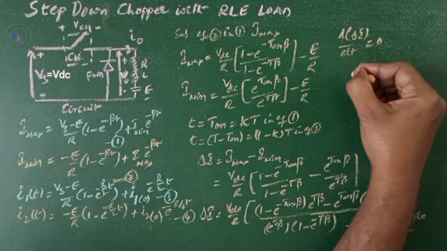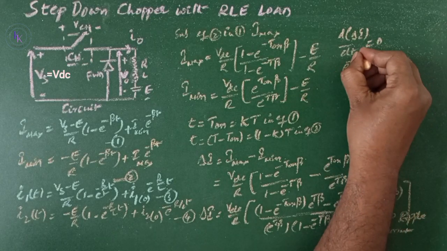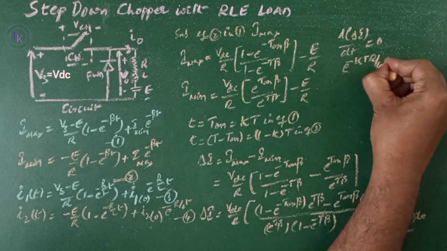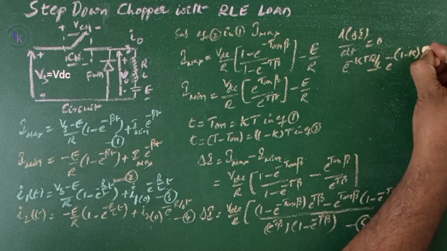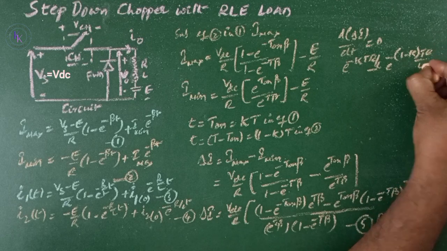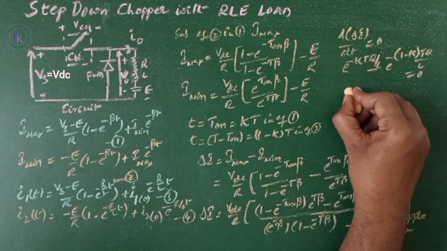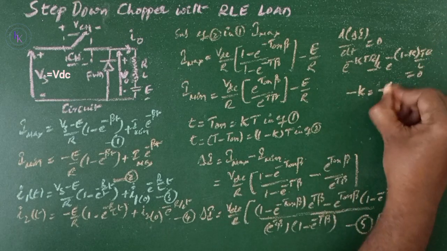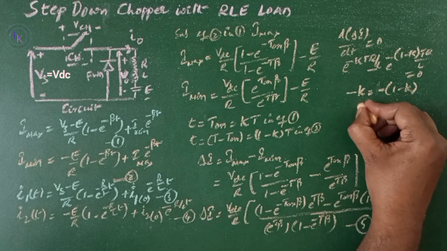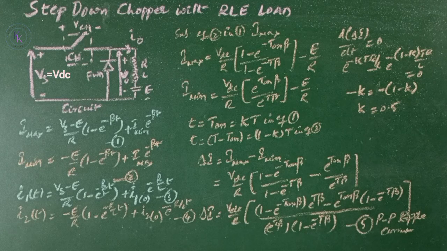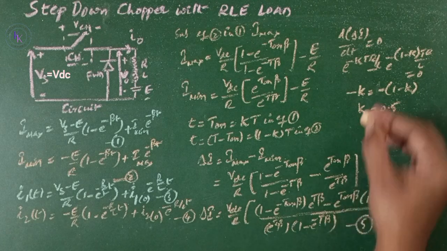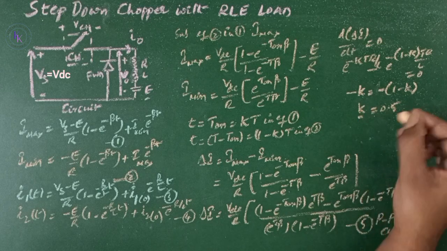The condition for maximum ripple is given by d delta I by dk equals 0. Now, when you do this, you will get e^(−k T R/L) − e^(−(1 − k) T R/L) = 0, from which we will get −k = −(1 − k). Solve for this, then you will get k equal to 0.5. So the maximum peak to peak ripple current occurs at duty cycle k equals 50 percent.